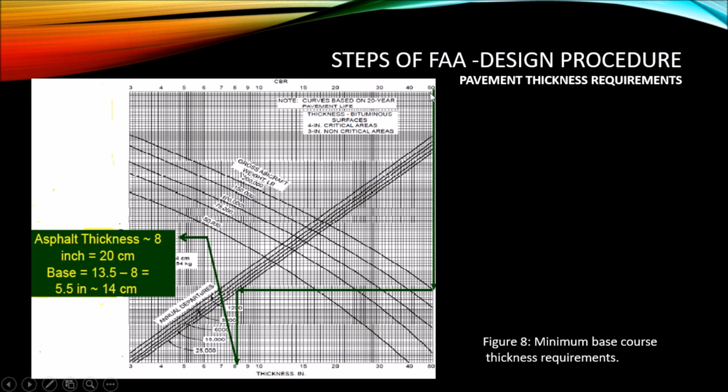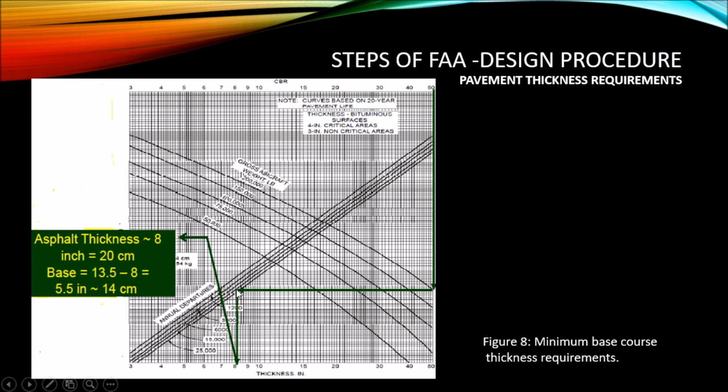Here we cannot read 80 because the maximum here is 50. So we'll take that of 50, move it down to where we have 190.5, then touch where we have the gross weight, and then touch where we have 16,535, which is what we had on the table. So we read it here.